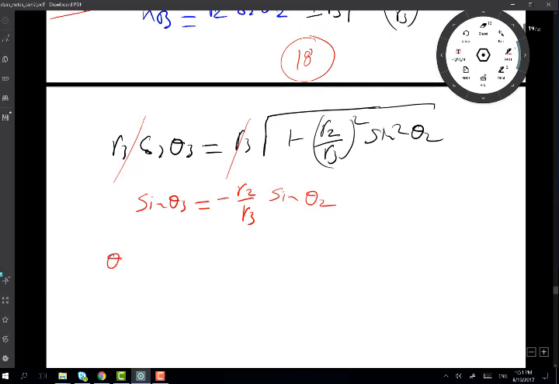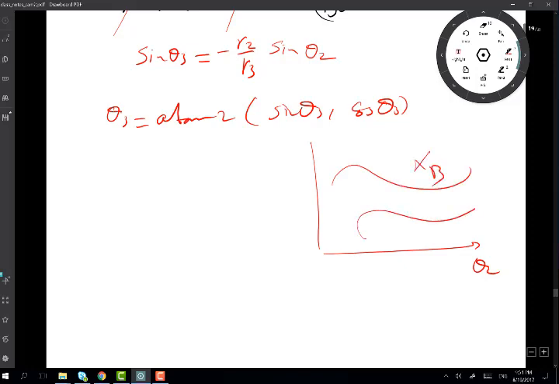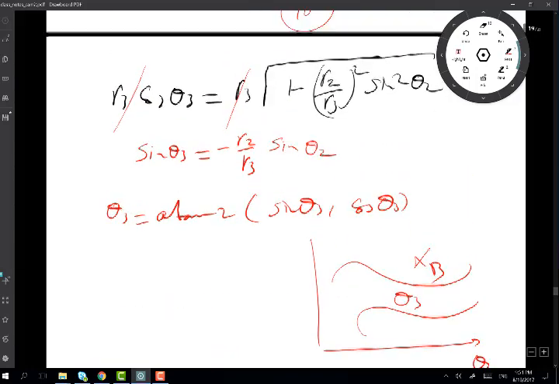So for theta 3, you can use atan2 with sine theta 3 and cosine theta 3. You can plot again, with theta 2, XB and theta 3, and you'd have done your analysis.